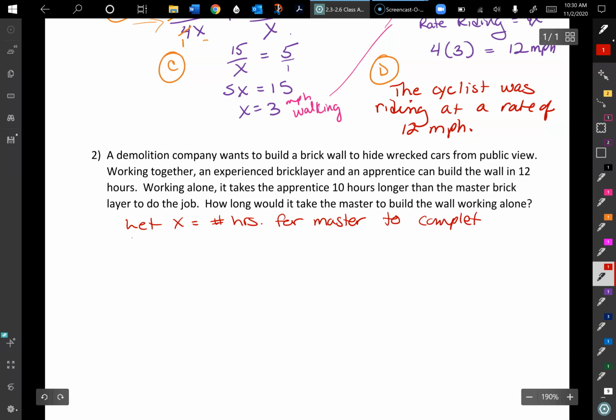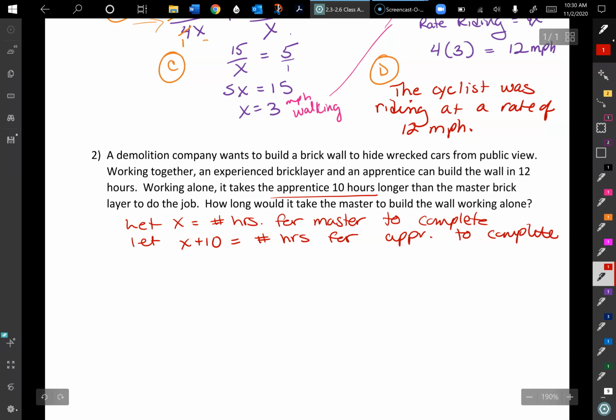And then we could let x plus 10, that's the relationship we need to make it kind of a system. You could do it as one is x, one is y, and do y equals x plus 10 as a system of equations if you want to do it that method. That would be the number of hours for apprentice to complete.